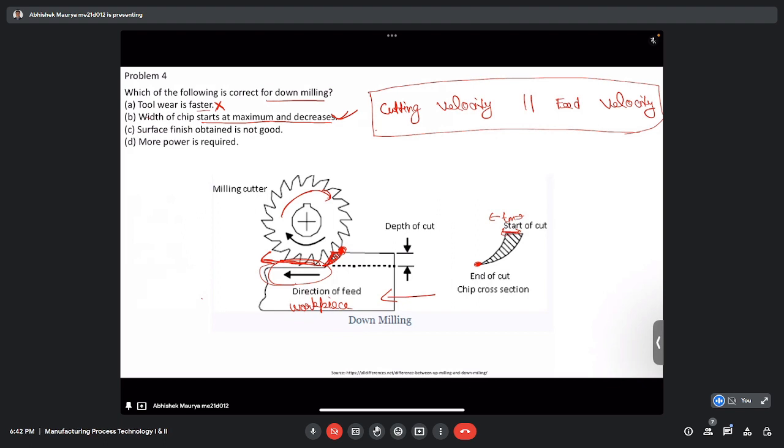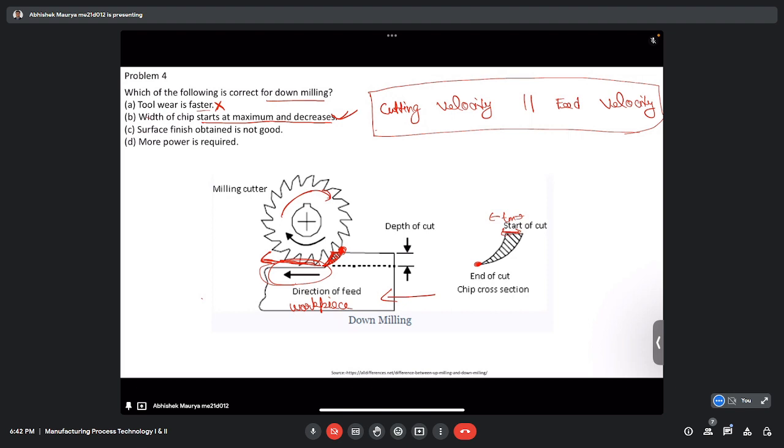if you have gone through the lecture, it has been explained that the surface roughness is lesser in the case of down milling because the surface deformation is less. In the earlier case, in the up milling process, the deformation was more because the relative velocity was more.